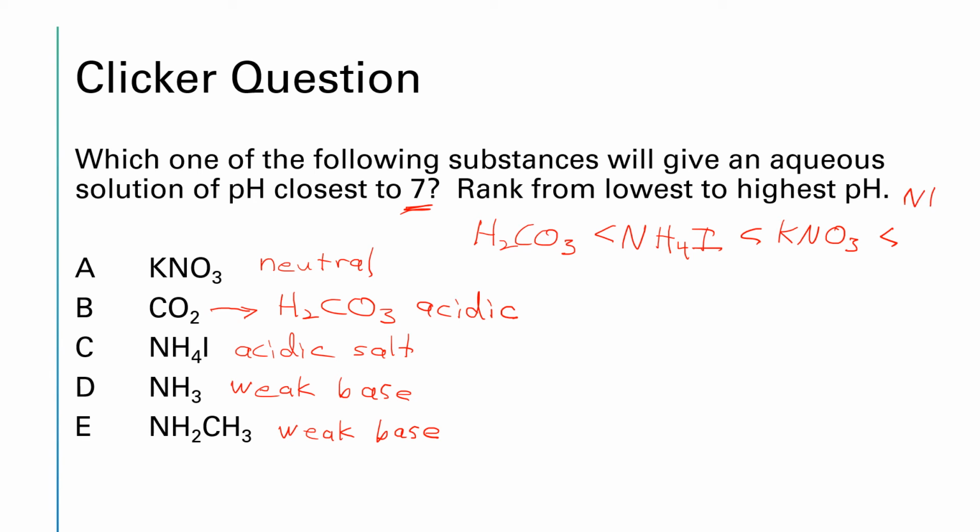So we'll just cram them here on the end, ammonia and methylamine. All right, so the one with the pH closest to 7 is potassium nitrate. We had a weak acid, an acidic salt, then a neutral salt, and then 2 weak bases in our rankings.